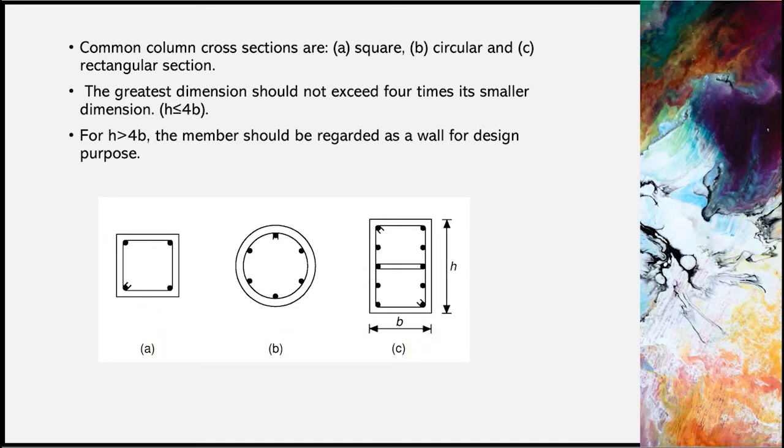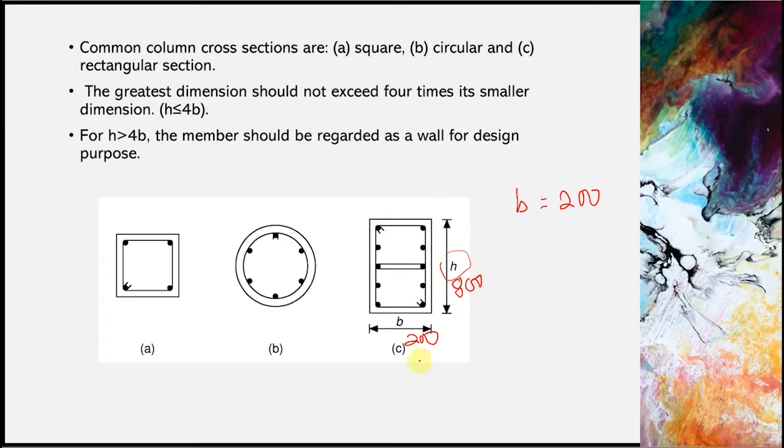The greatest dimension should not exceed 4 times its smaller dimension. For a square column or round column like this, or circular column, this one does not apply lah. But basically this is for C here, which is the rectangular section. Let's say H here is less than or equal to 4B. Meaning for example you have B equal to 200 and H is equal to 800.